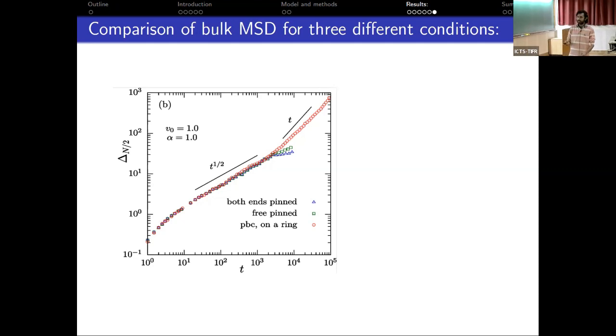Instead, the whole ring shows a diffusive behavior, and the bulk particle also follows that. So you go from ballistic to subdiffusive, and from there to a diffusive behavior, where this diffusive behavior is difficult to observe for the cases when the ends are locally trapped.